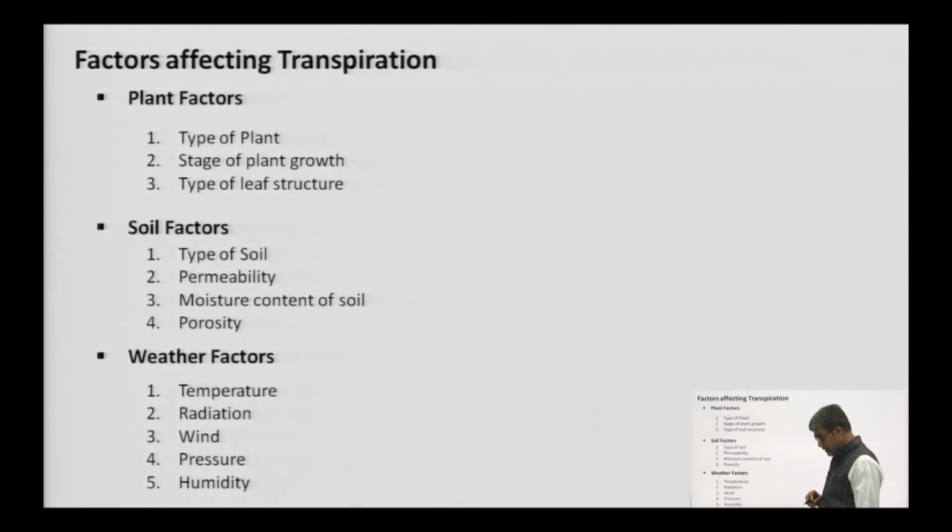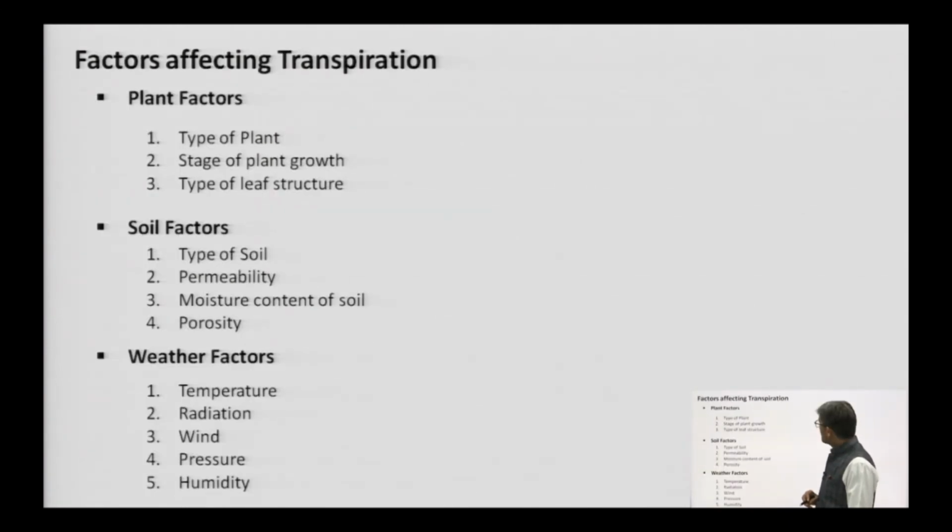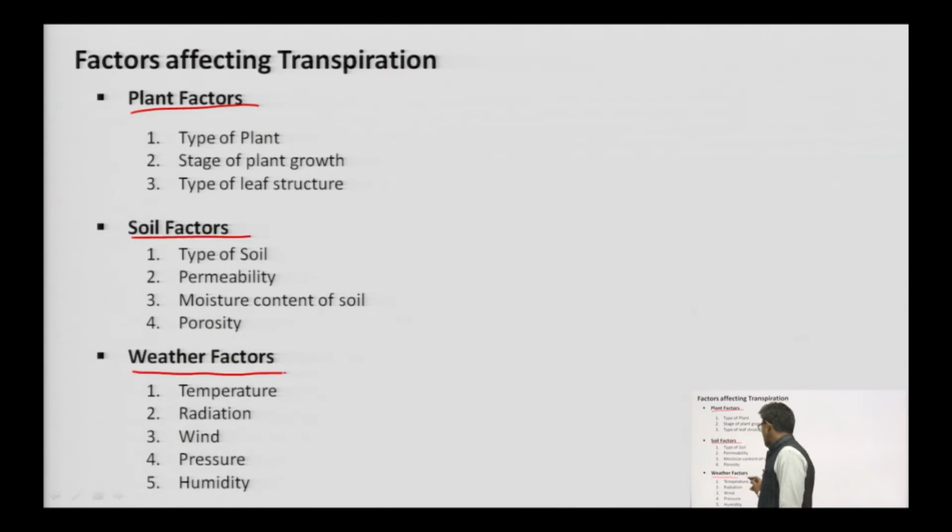Let us talk about the factors affecting transpiration. The first is plant factors, then soil factors and weather factors. These are the different categories. Plant factors: different plants have different transpiration, and stages of plant growth matter. As the plant grows, the water requirement will also be high.